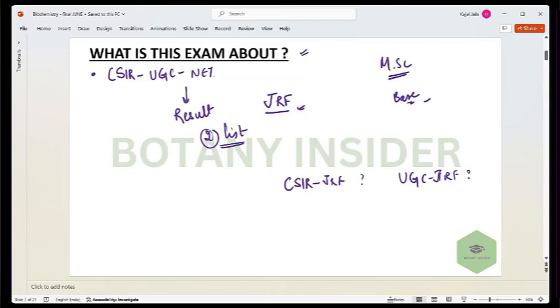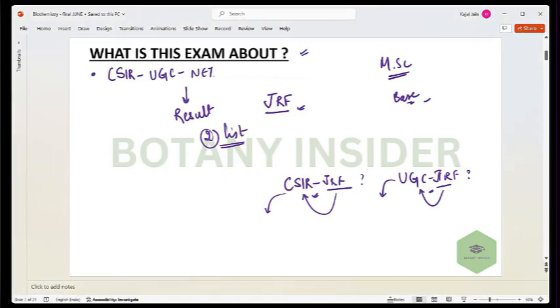The only base level difference is that the JRF students who have qualified under CSIR will be getting their fellowship via CSIR protocol, and the students who qualify under UGC will be getting their JRF from the UGC.